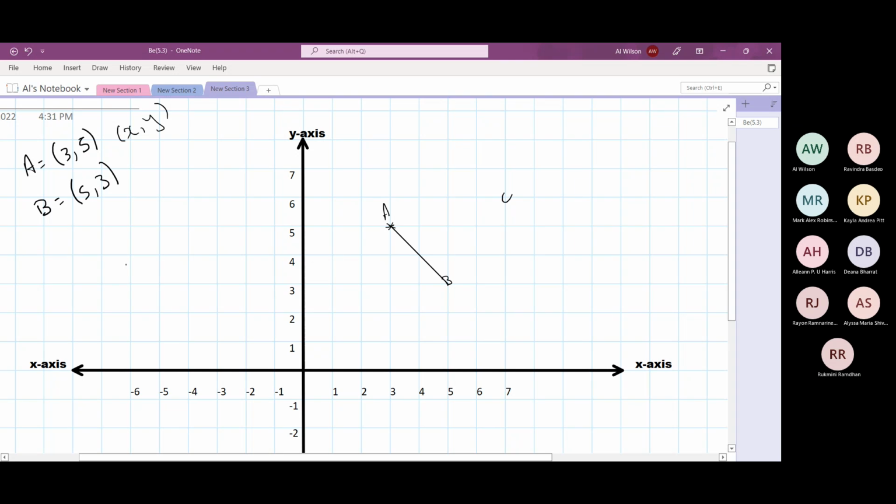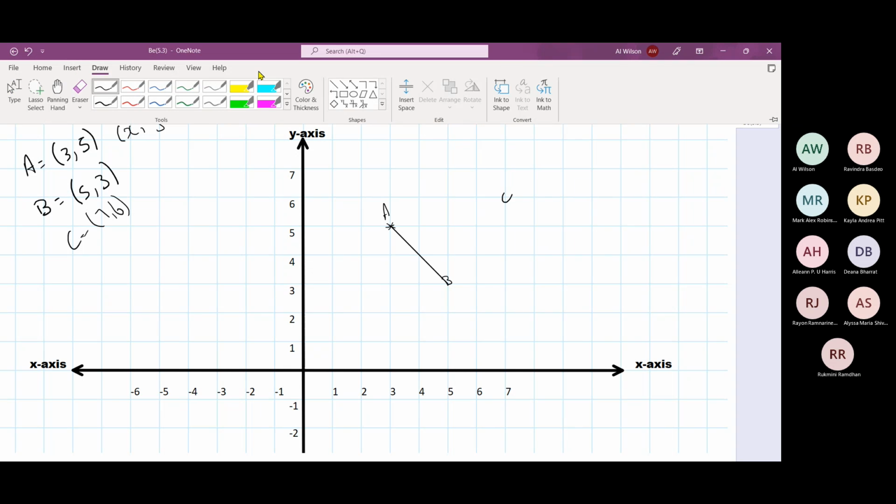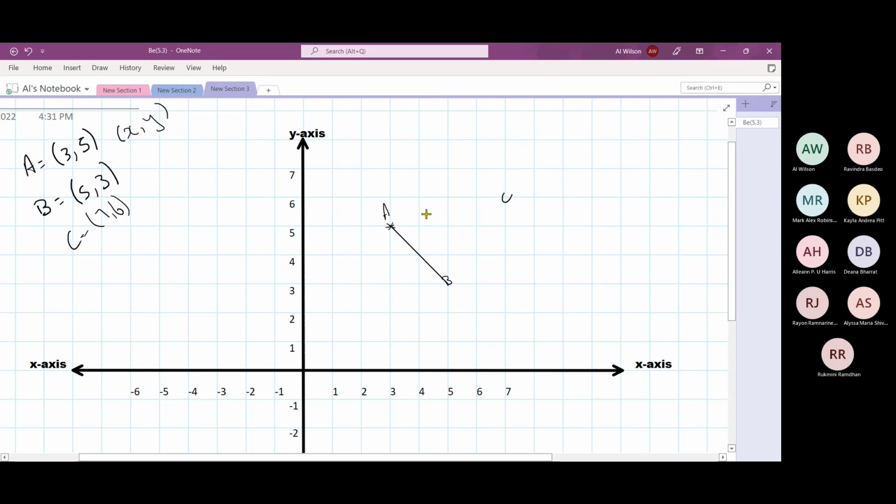So this is C, 7, 6. Now, of course, you have to connect the coordinates together.